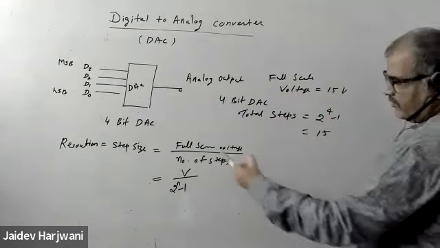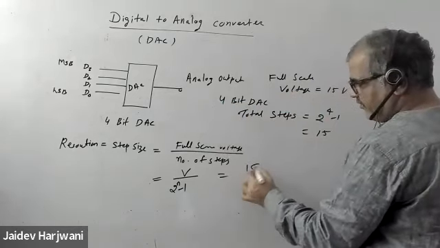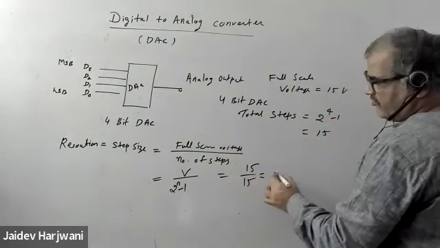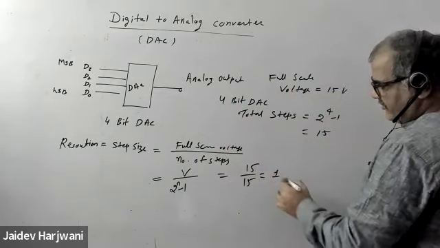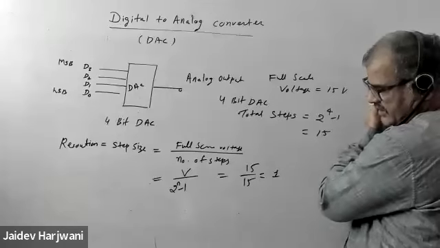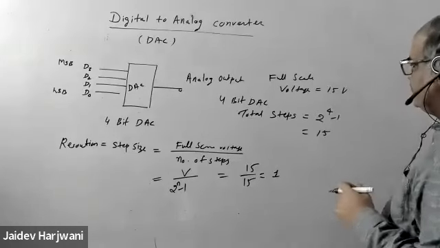Now if I calculate the resolution, it will be 15 upon 15, that will be 1. So resolution will be 1, and in terms of volts, it will be 1 volt.